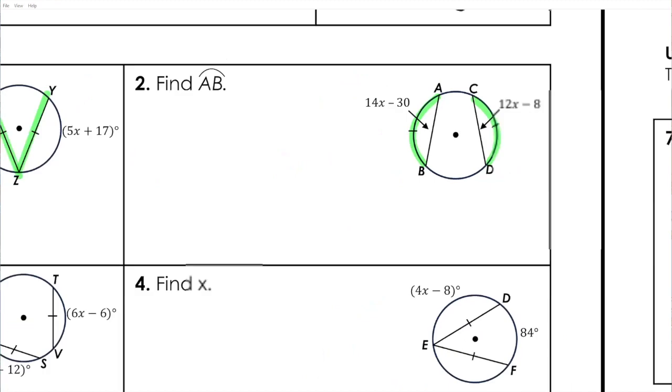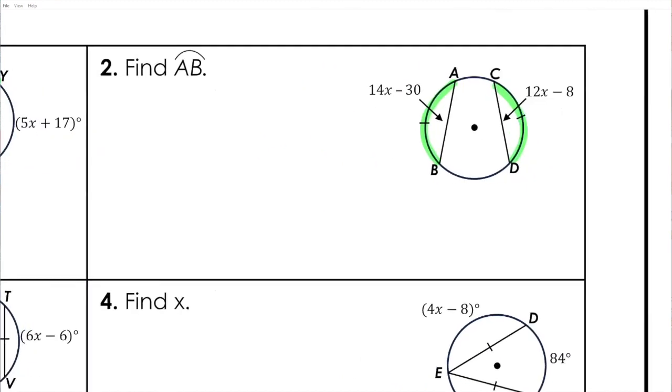So finding the length of AB, we know that our chord AB equals chord CD because arc AB is congruent to arc CD. So 14x minus 30 equals 12x minus 8.